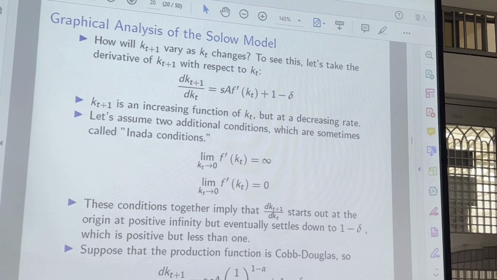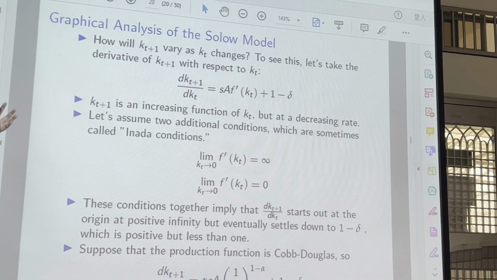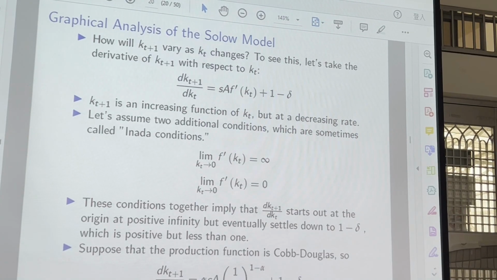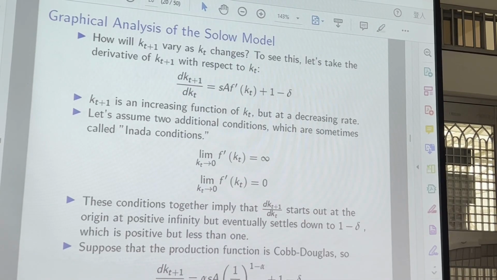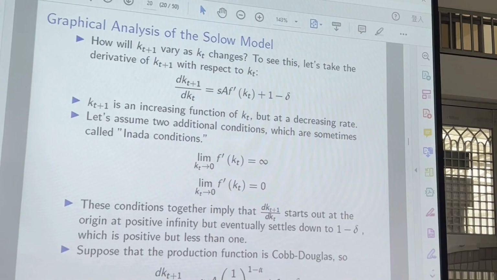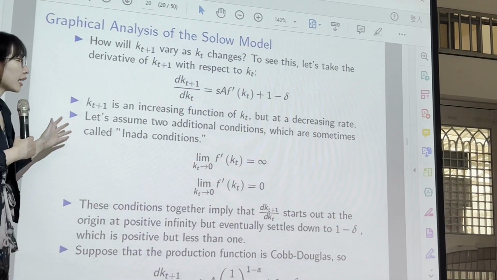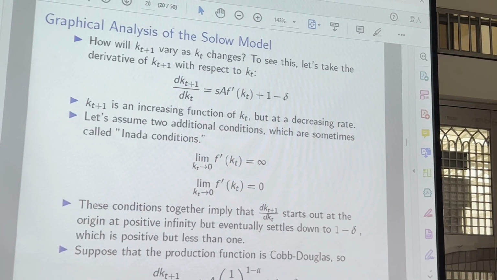So we said that KT plus 1 is increasing in KT, but at a decreasing rate. That is captured by the assumption that the marginal return must be diminishing as we increase the amount of input employed, right? Well, it is something that I guess you already know.